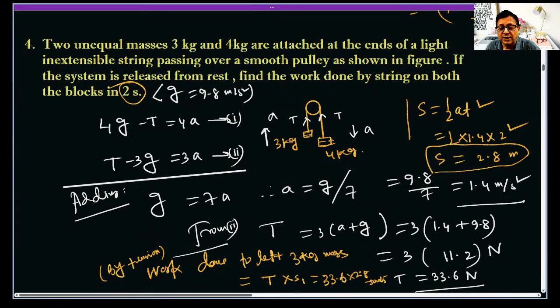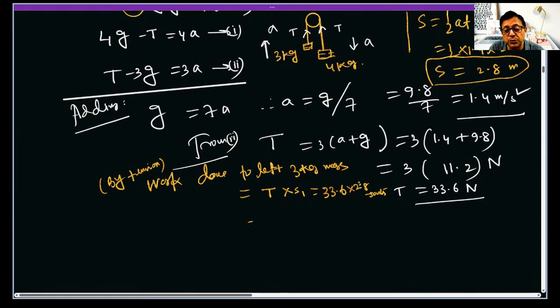Okay, right now I can use the calculator to show you. Just a minute, let me find the calculator. 33.6 into 2.8, so it is 94.08 joules.